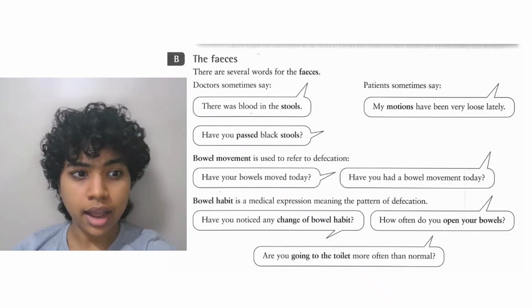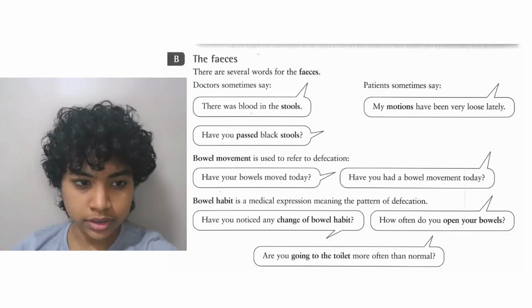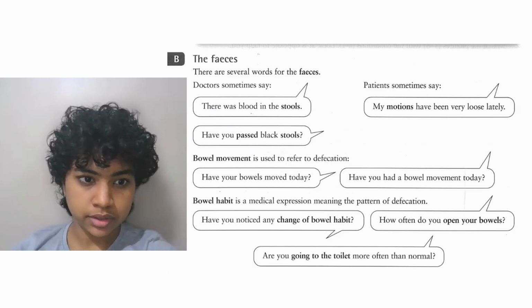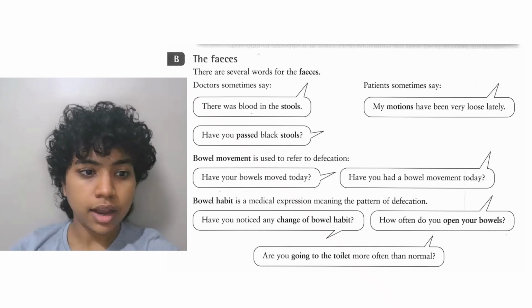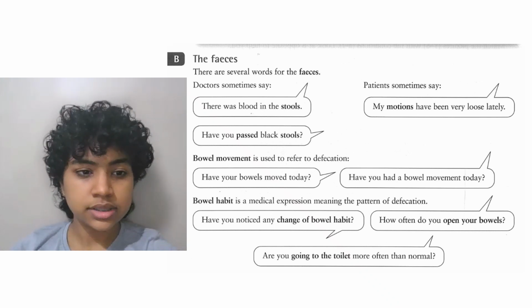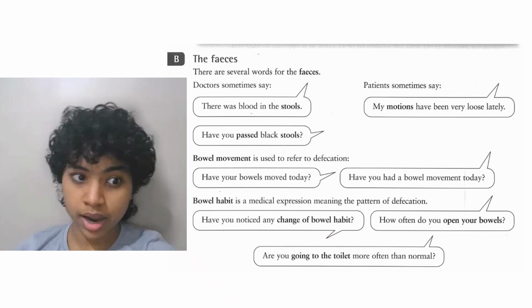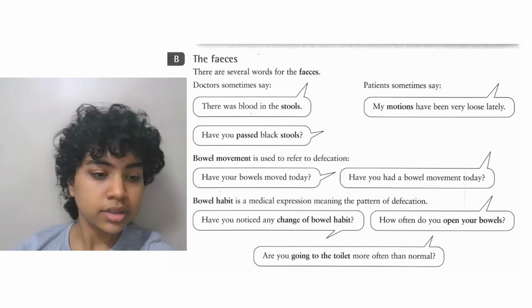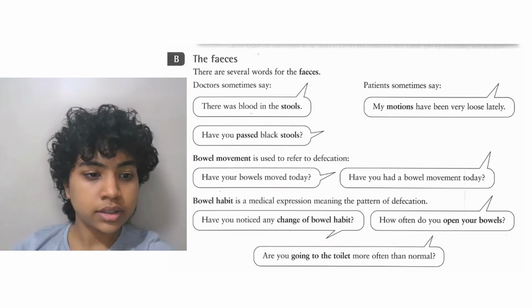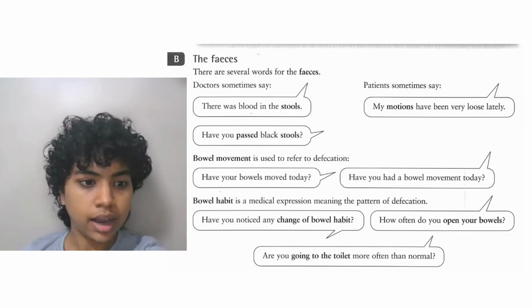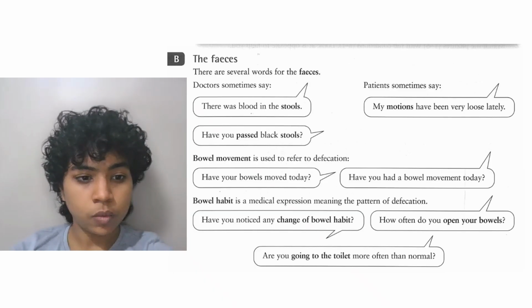Bowel habit is a medical expression meaning the pattern of the defecation. Have you noticed any change of bowel habit? How often do you open your bowels?